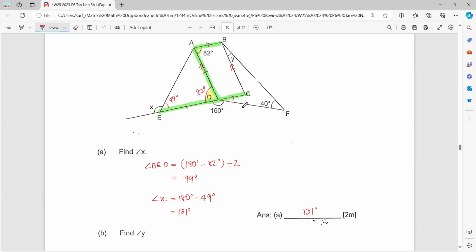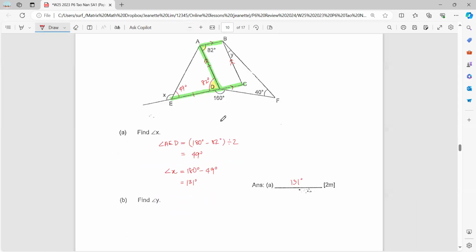To find this angle here, I will take 360 minus 160 minus 82. Angle ADF. Angles at a point are 360, minus 160 minus 82. This is 118.